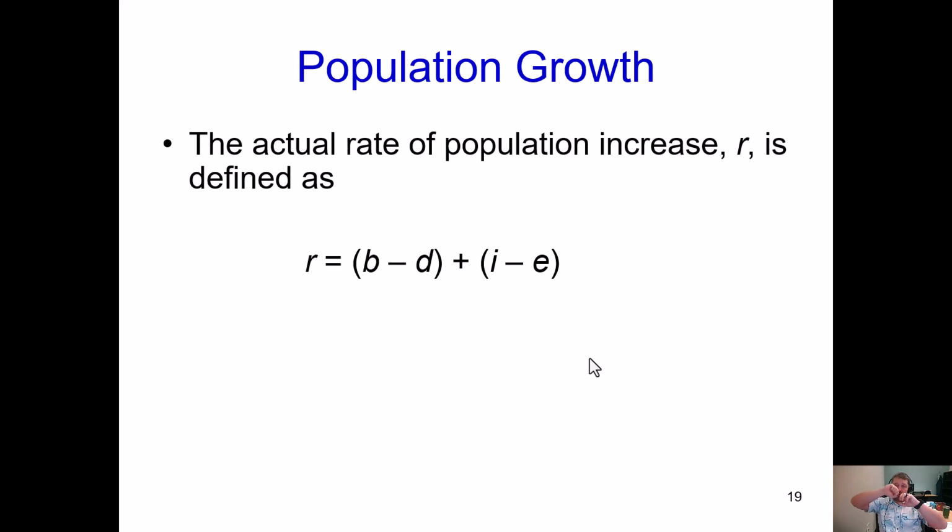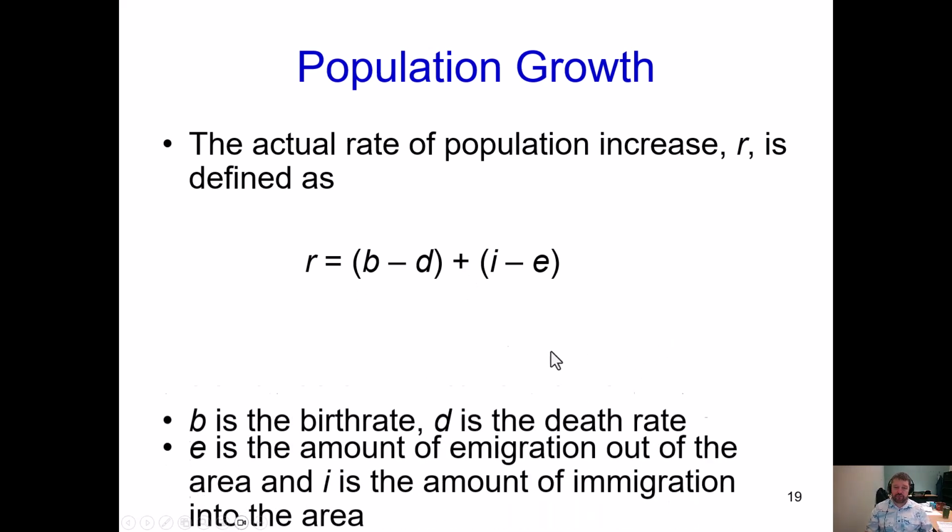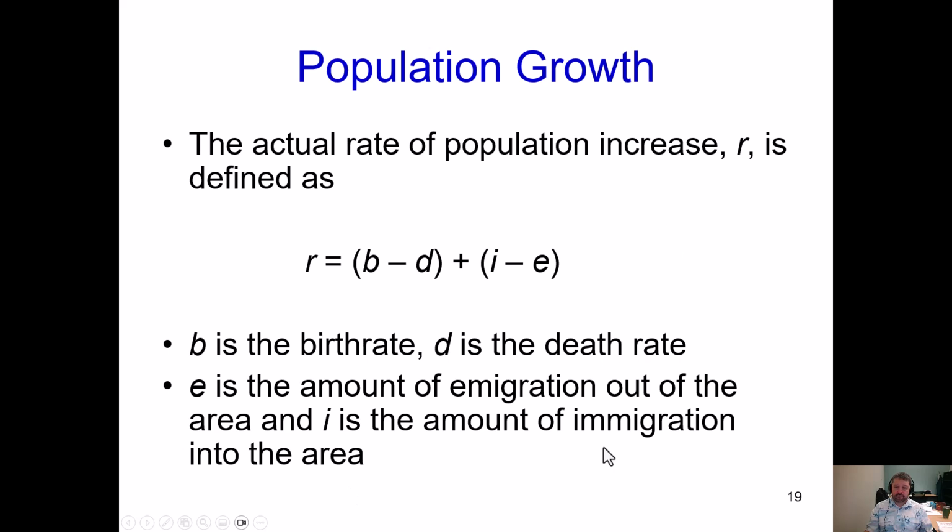So we have immigration, individuals coming in, and emigration, individuals leaving, or in this case, wolves. Whatever organism it is, it doesn't really matter. So together, birth minus death, immigration minus emigration, you add them together, that gives you a rate of growth, a rate of change. So just keep that in mind.